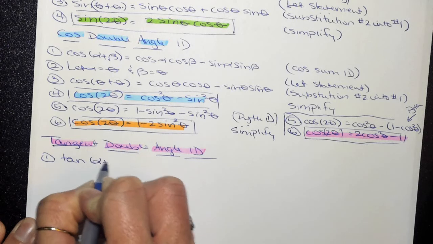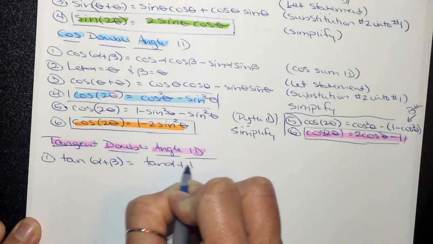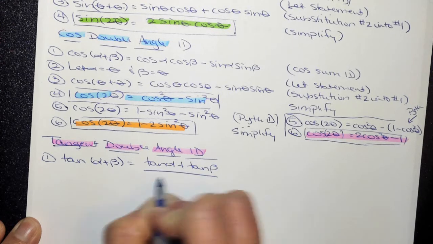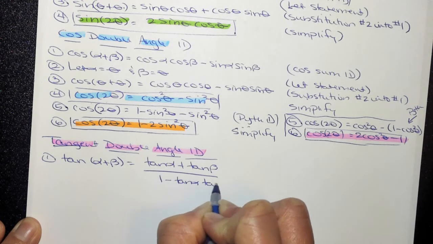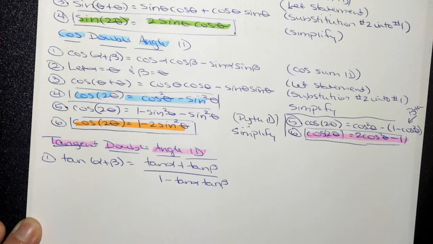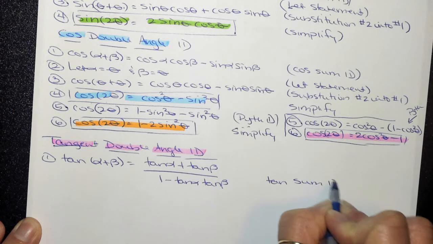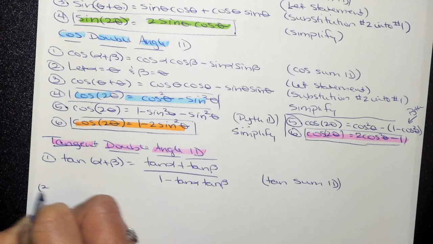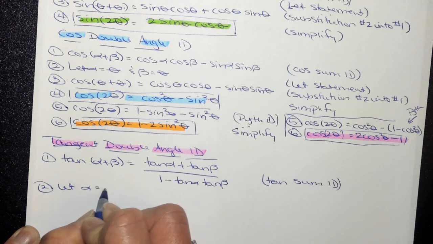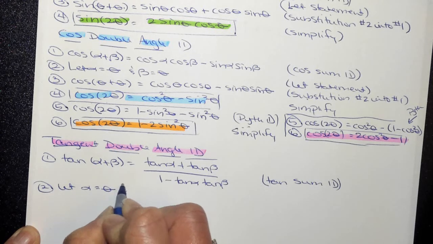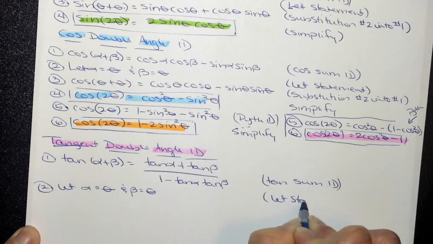Tangent of alpha plus beta is equal to tangent of alpha plus tangent of beta over 1 minus tangent alpha tangent beta. Okay, this is tangent sum ID. So then in step number 2, we're going to do our let statement. So we're going to let alpha be theta and beta be theta. So this is our let statement.